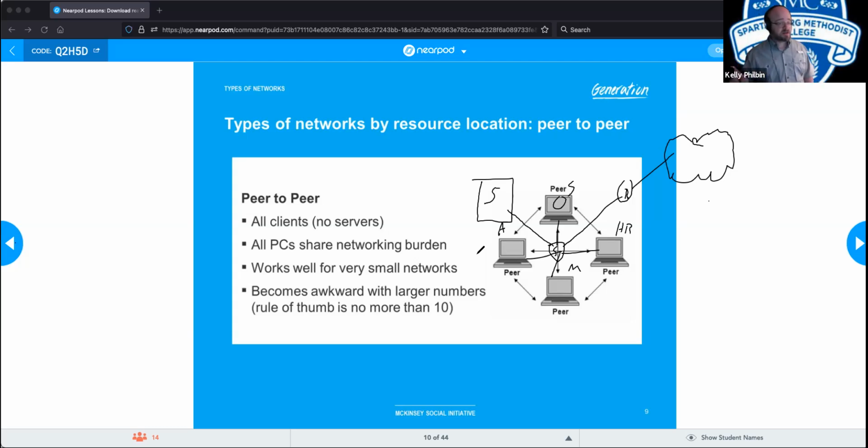Really annoying, by the way, especially if you have files that multiple people need to access at multiple times. And if somebody accesses that file, then goes to lunch, then everybody else is locked out of it. So it depends on what programs you're using, whether multiple people can see it. So that has nothing to do with the actual distribution of the resources, but the software you're using.